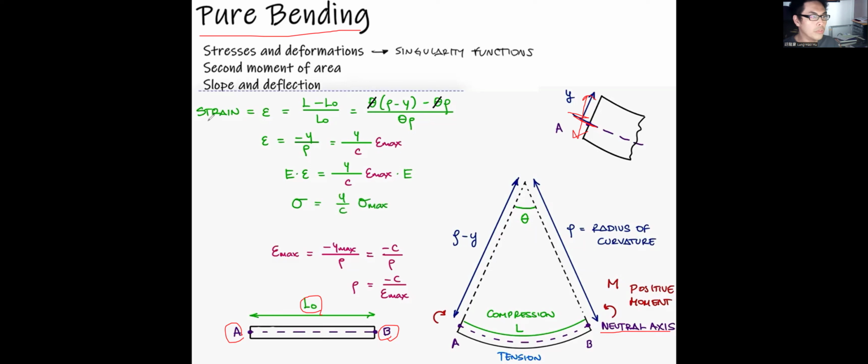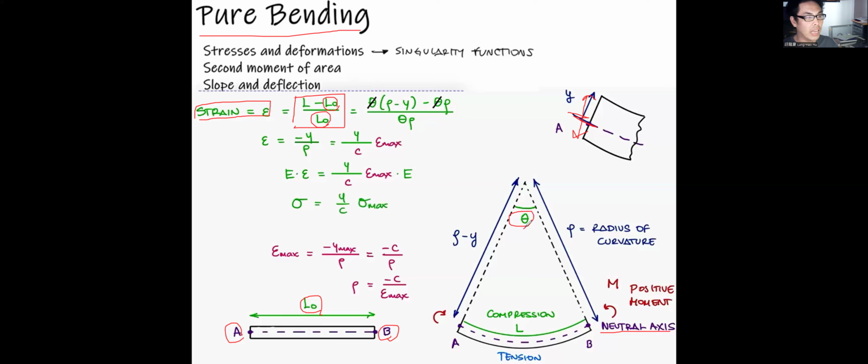So therefore, the strain for a beam subjected to pure bending equals L minus L naught, that is the change of length, divided by the original length. This original length, due to bending, can be regarded as the radius of curvature times theta.